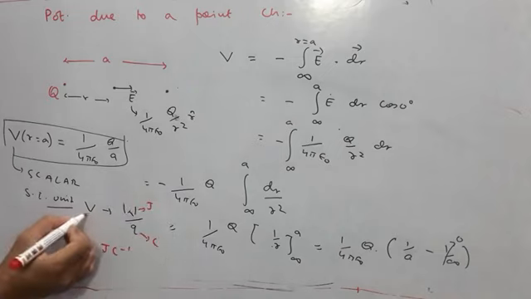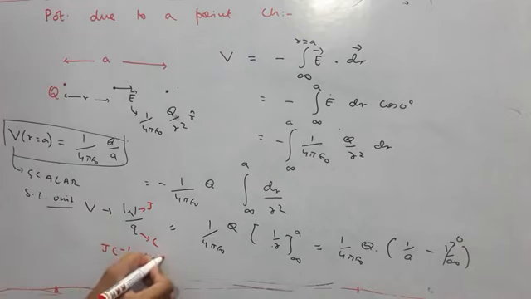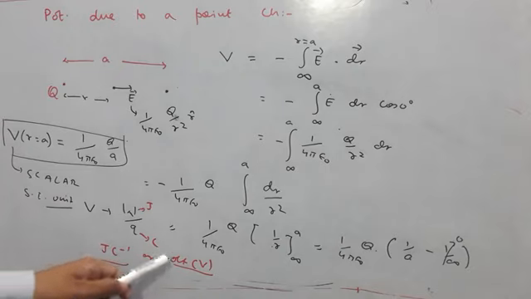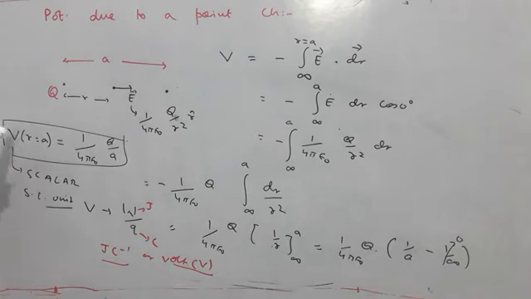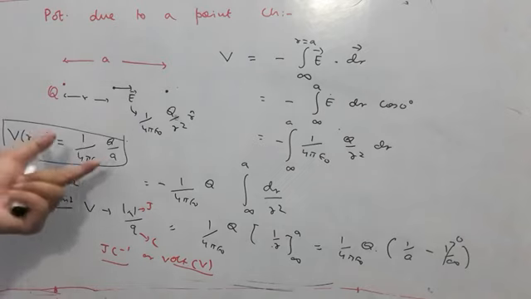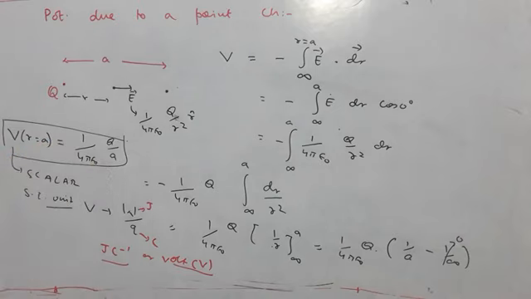This is the SI unit for potential. This is also called volt, whose symbol is also V. So remember students, the SI unit for potential is either joule per coulomb or volt. In this way we can find the potential due to a point charge using this formula, 1 by 4 pi epsilon naught q by a, and because it is a scalar it has only an associated value, no direction is needed.